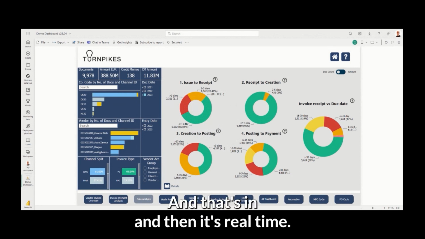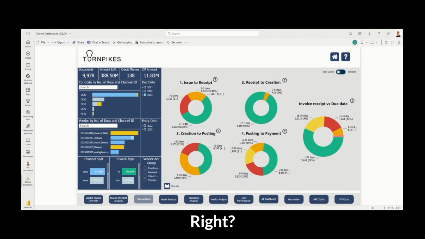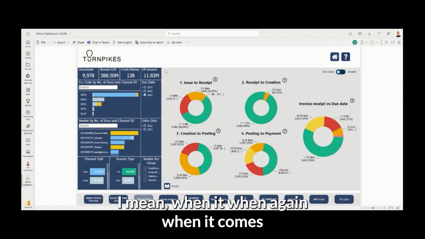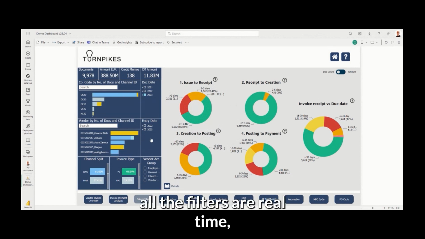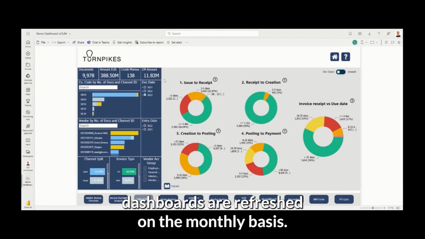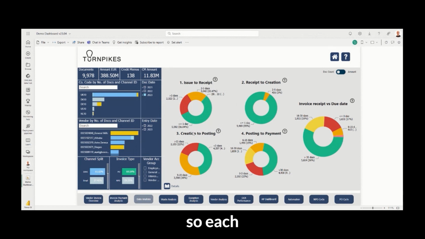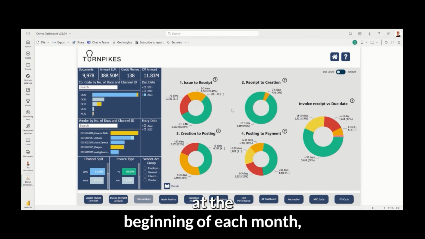And then it's real time, right? Yes, indeed. When it comes to the reporting, all the filters are real time. Dashboards are refreshed on a monthly basis, so at the beginning of each month a new extract is taken, and you can look at the progress month over month.